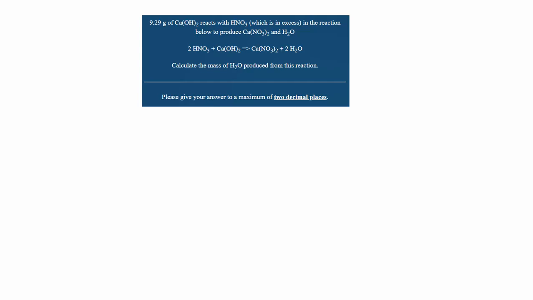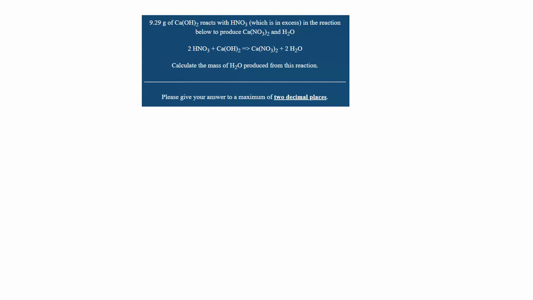The CaOH2 is what's going to be the main determinant of how much H2O is going to be produced from this reaction, right? And basically using that information, we can now be confident and say, well, we're going to use the mass of CaOH2 that we've got to then work out the mass of the H2O.